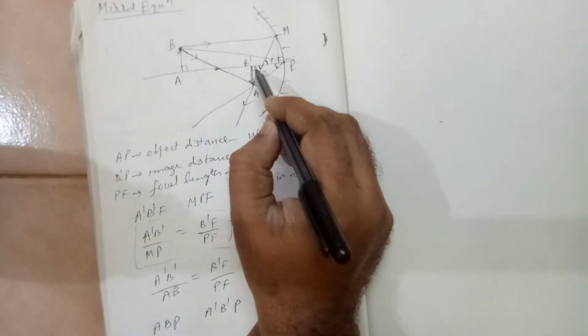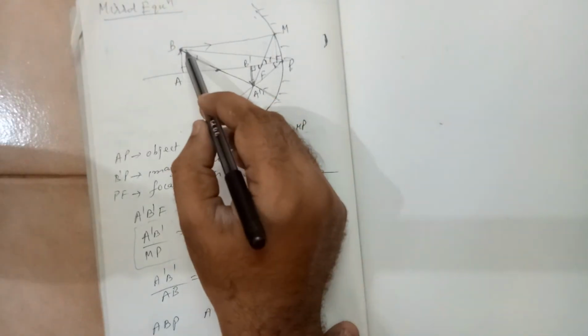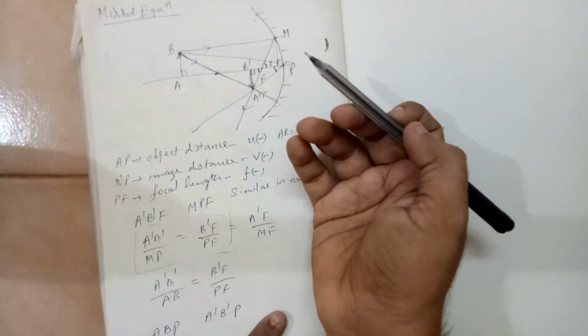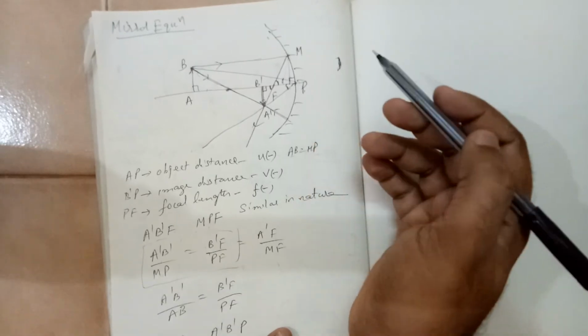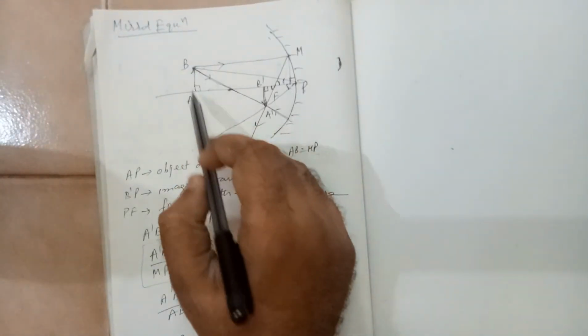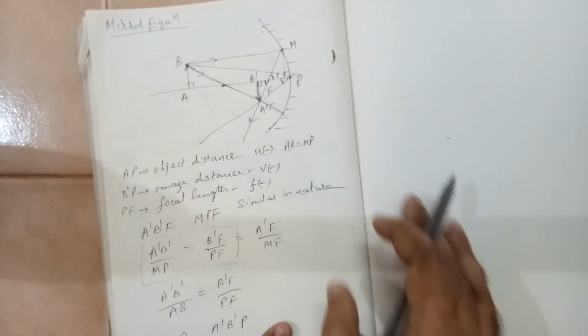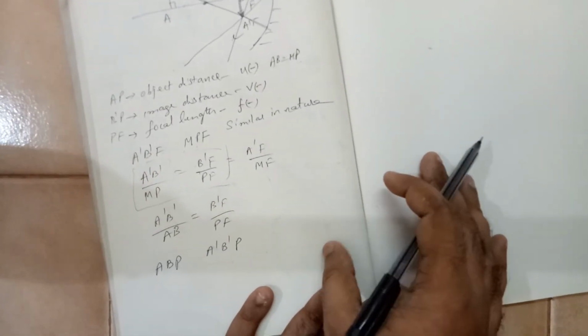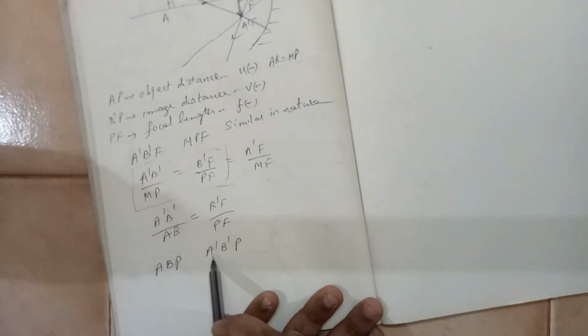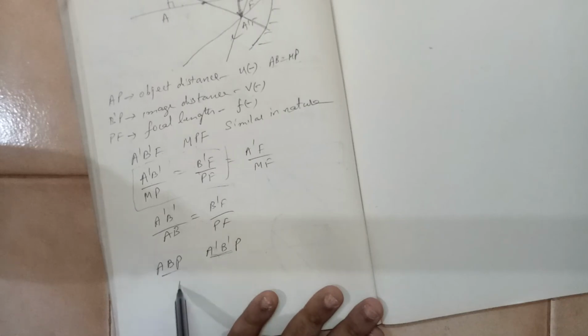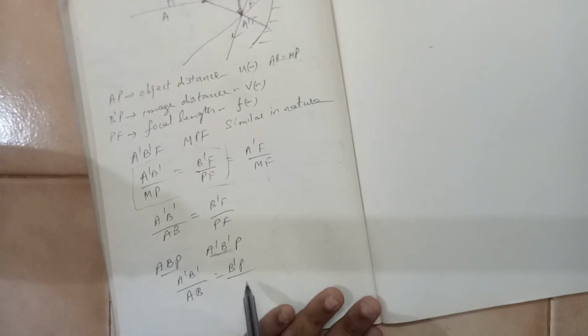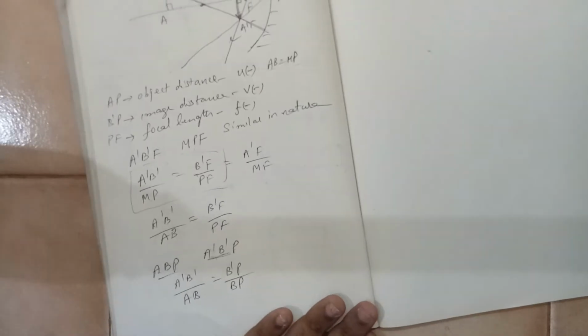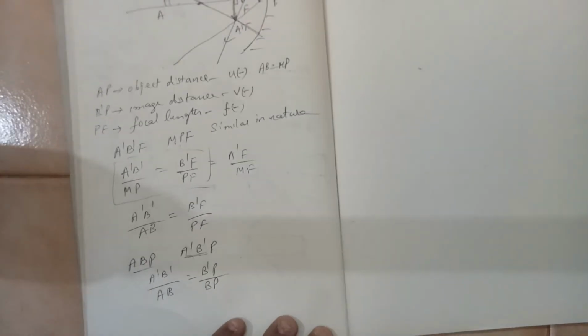Already this angle and this angle are 90 degrees. So here also the third angle will be equal. Two angles of a triangle are equal means third angle also will be equal. Again these two triangles are similar. So here also you will be getting A dash B dash by AB is equal to B dash P divided by BP. You have to take in the same order.